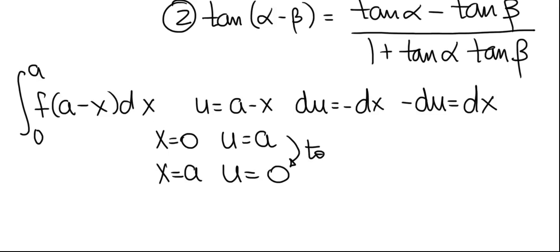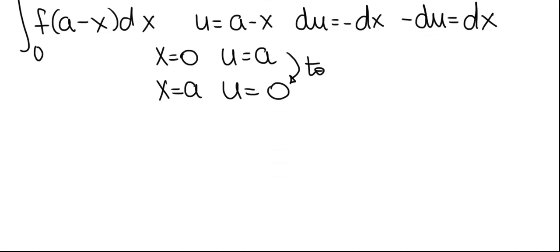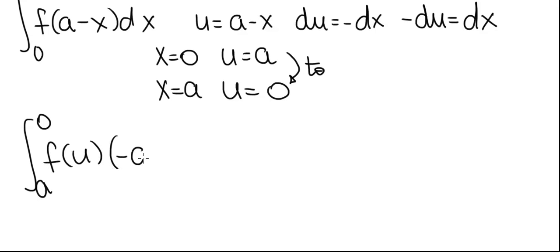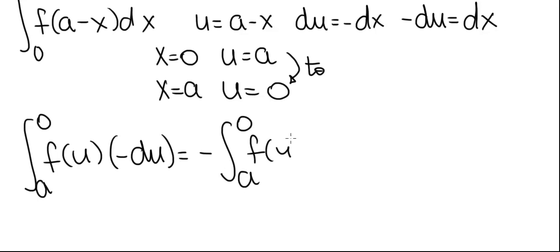And now let's rewrite this integral in terms of variable u. It's the integral from a to 0 of f of u times minus du, which is minus the integral from a to 0 of f of u du. To reverse the order of integration, we need a minus sign. We have it.